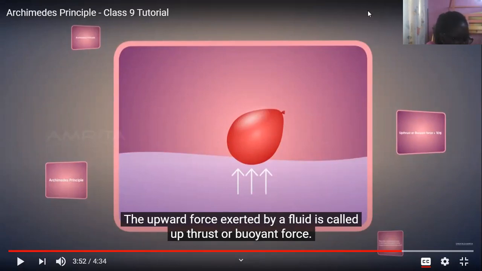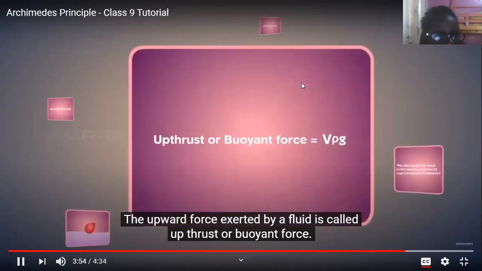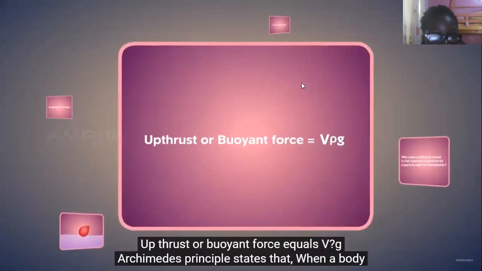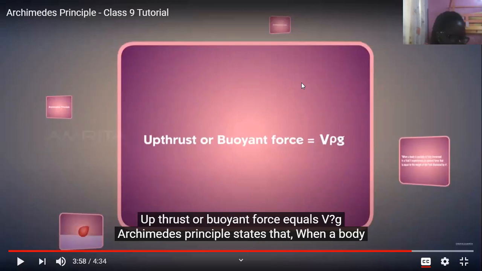Okay, have you written that? Yes, sir. Upthrust or buoyant force equals V rho g. The upthrust is equal to the volume times the density multiplied by the acceleration due to gravity.